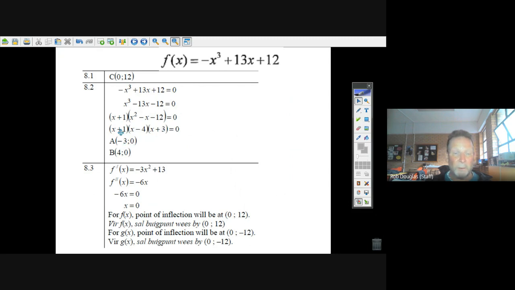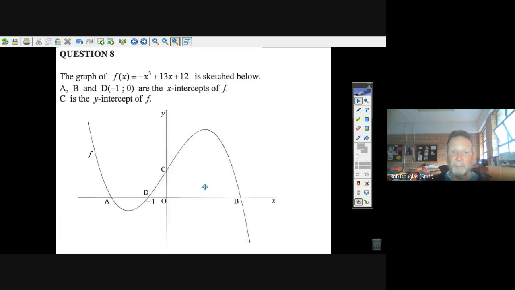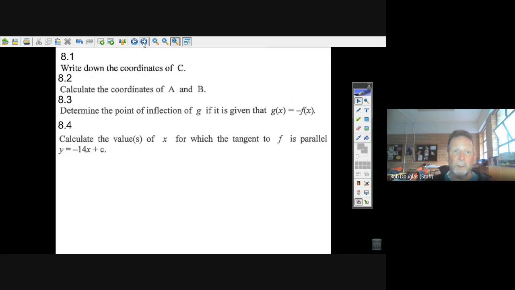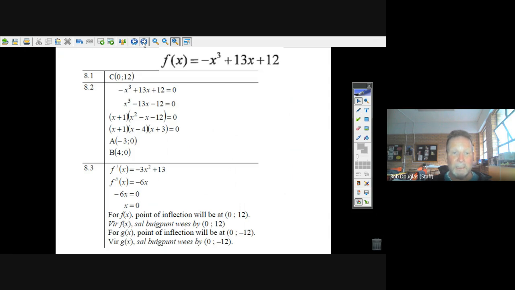That makes sense with this picture, because B is way out here at 4 and 0, and A is over here at -3 and 0. I did that by inspection, but you might have another way, dividing x plus 3 into this and getting this answer. But you have to know how to do that.